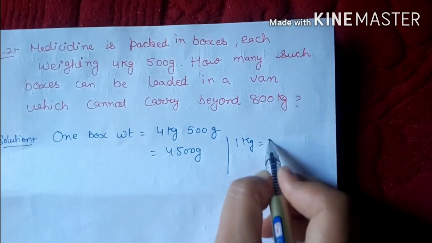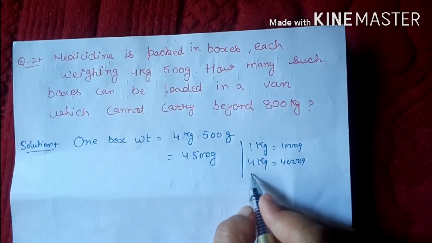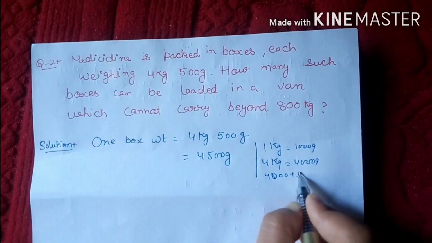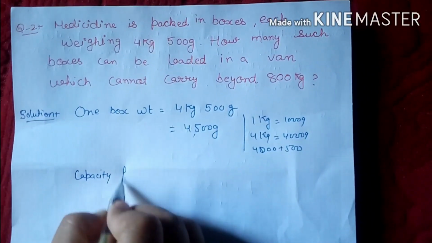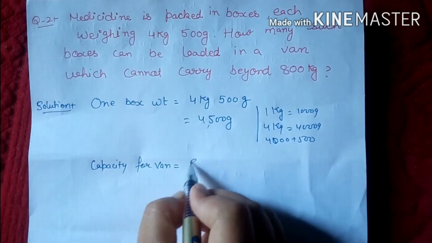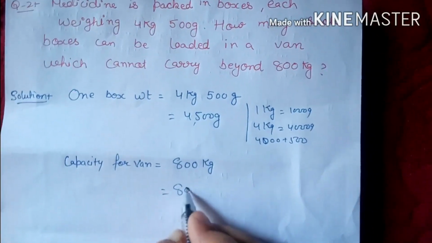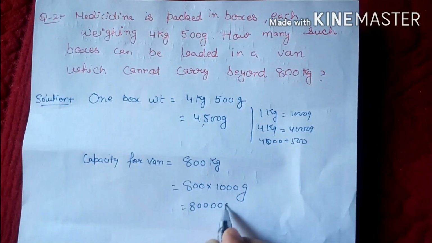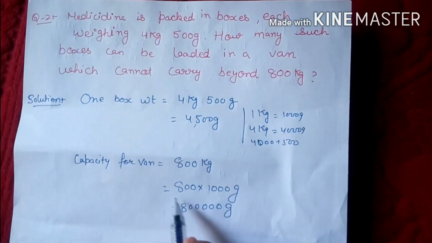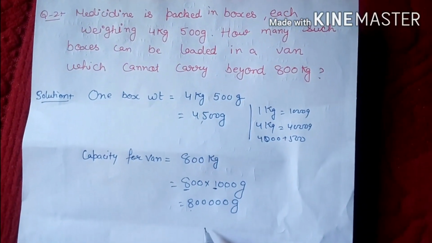We know 1 kg is equal to 1000 gram, so 4 kilogram is equal to 4000 gram, and all together it would be 4000 plus 500, that is 4500 gram. The capacity of the van is 800 kilogram. This also we can convert into gram, so 800 into 1000 gram, that is 800,000 gram. You know students, this shortcut: we multiply the numbers and add the rest of the zeros at the end as they are.